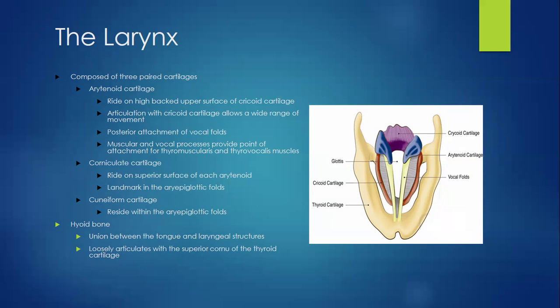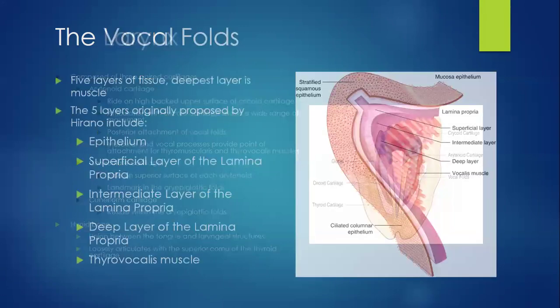So the arytenoids, we said, are 2 pyramidal cartilages in the back of the cricoid, and they serve as the posterior attachment of the vocal folds. And on top of the arytenoids sits the corniculates, and then there's the cuneiform, which is embedded in the aryepiglottic fold. Please go over this information because this information is very important when we talk about pathology, okay?